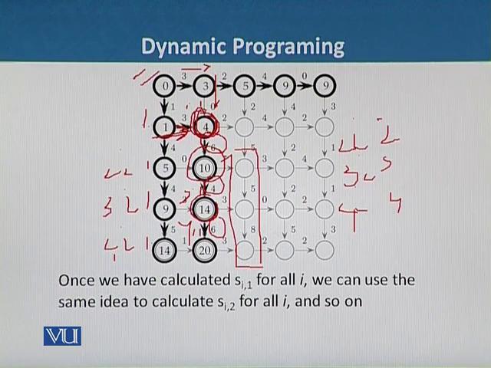So these points will become 2,2, 3,2 and 4,2. And we can calculate the value of all these by adding the grid points, and we will calculate all of these one by one.